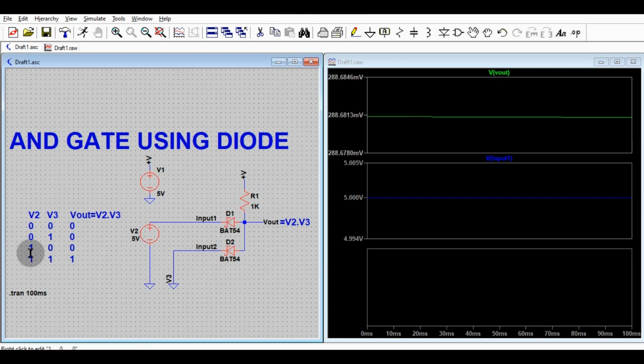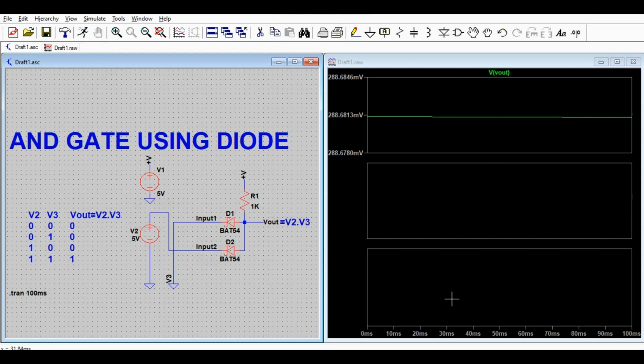Let us consider the third case. If your other input is high, then what will happen? This time your input 1 is 0 and your input 2 is high. So you have to connect it likewise and run the simulation.